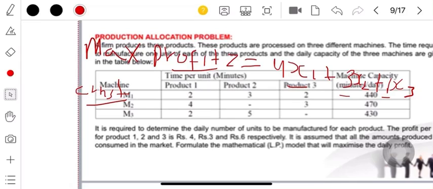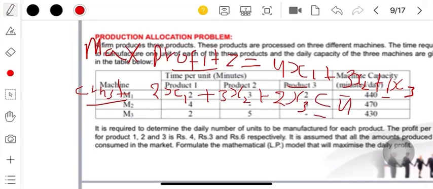In a similar manner, it will be 4x1 plus 0x2 plus 3x3 less than or equal to 470, and 2x1 plus 5x2 plus 0x3 less than or equal to 430. So we can write the constraints as: 2x1 plus 3x2 plus 2x3 less than or equal to 440.